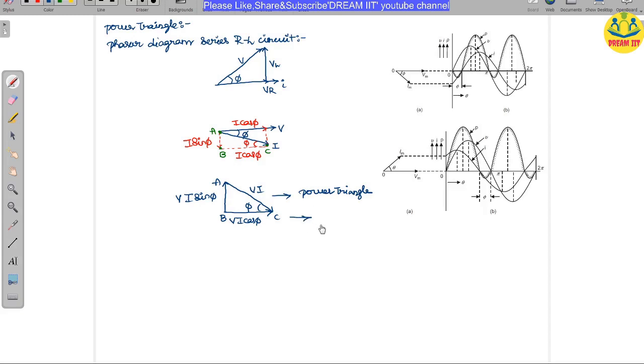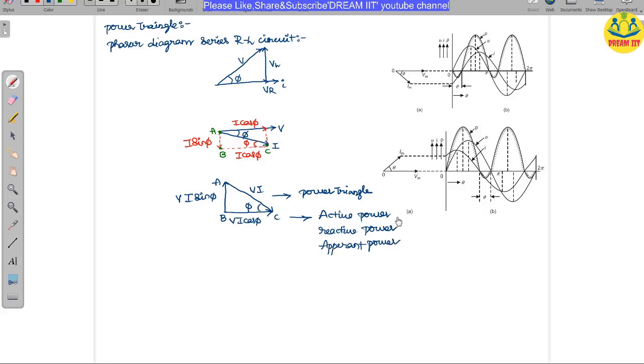One is active power, another is reactive power, and the next is apparent power.